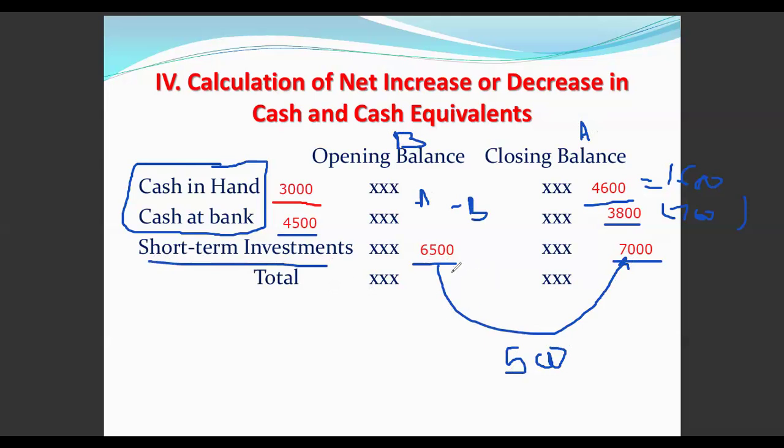So when the value of investment increases, we should consider it as an expense, not a gain. So here I consider 500 rupees. So 700 plus 500 becomes 1,200. My income was 1,600 and my expense was 1,200. So my income from the increase or decrease in cash equivalents is 400.